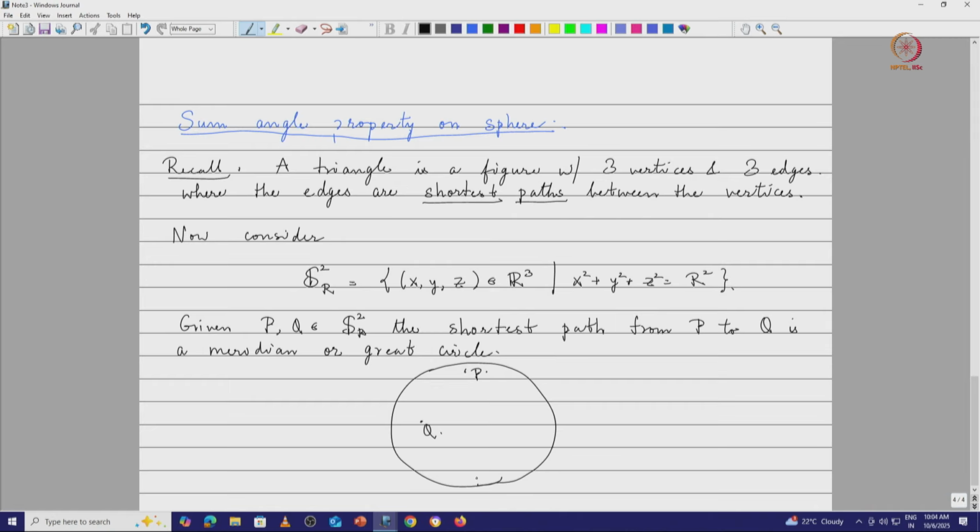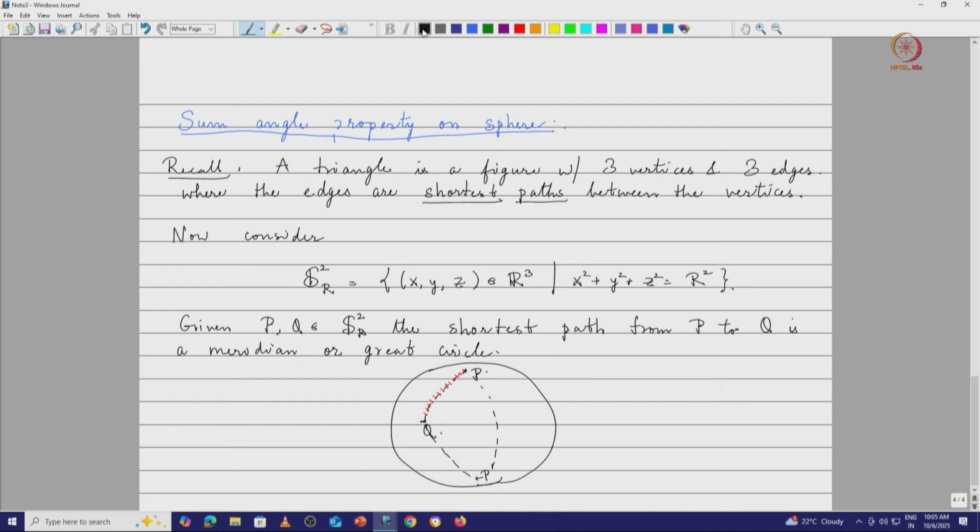Then if I denote the south pole by P prime, there is a unique longitude going from P to P prime, which passes through Q, and of course then it goes around on the back side of the sphere. So in this case, the shortest path between P and Q is basically going to be the small segment in this great circle, in this meridian.